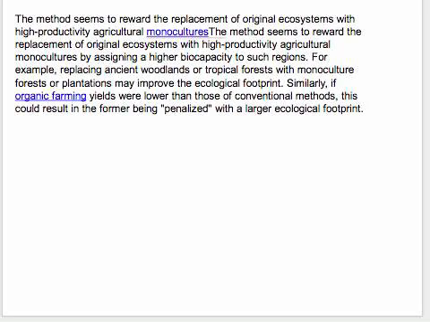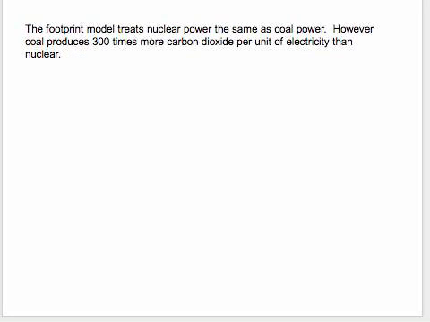Therefore, by putting a monoculture in, you're actually increasing on paper the biocapacity. But you know the problems with monoculture, there's going to be a decrease in your biodiversity. We've talked about that in previous units.